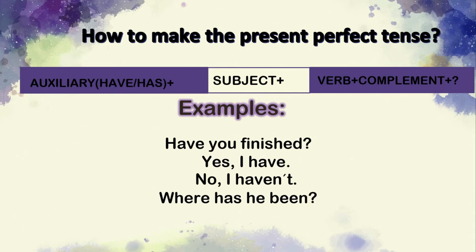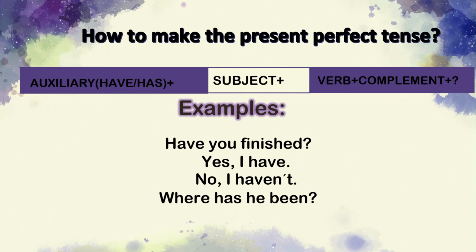Or you can have, where has he been? This is a WH word question, right? You're using where, right? Then the auxiliary has, because you're using he, that is a third person singular. And also you have the verb in past participle and question mark.